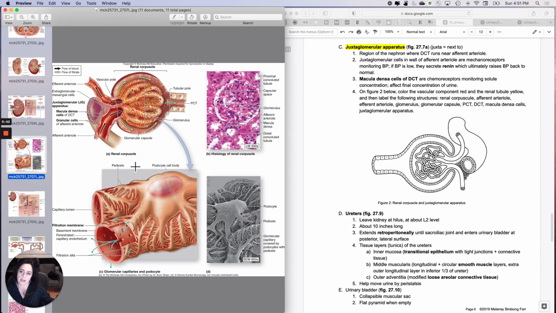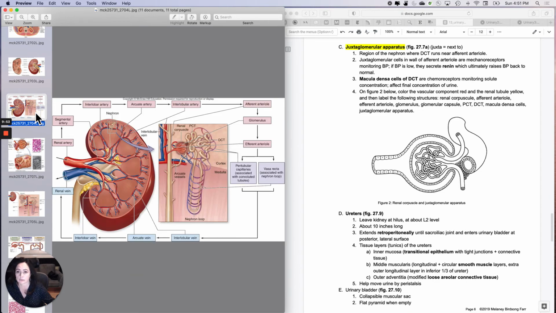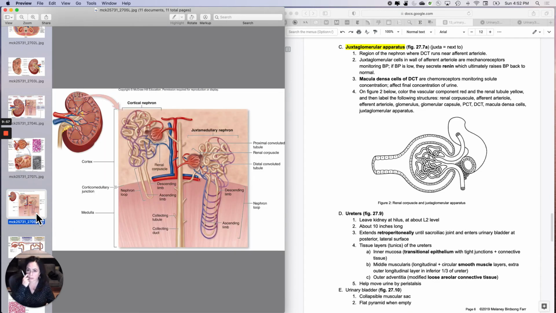But notice that this part right here is actually folding between the afferent and the efferent arteriole; that's actually the distal convoluted tubule. And you can see it in one of these nephrons. Do you see in this one how the afferent arteriole, efferent arteriole, and the distal convoluted tubule kind of fold next to those two?